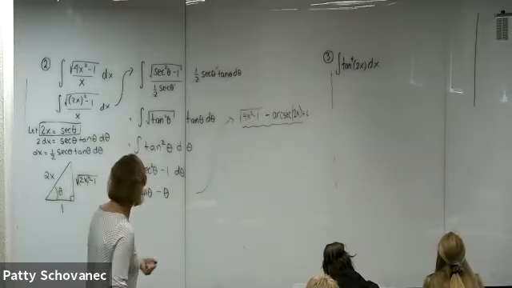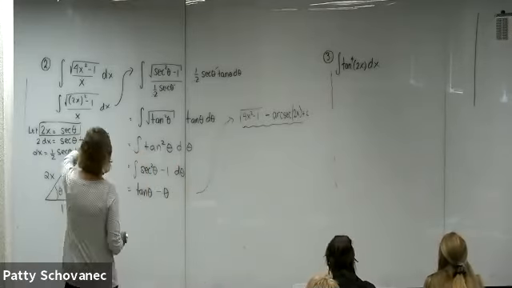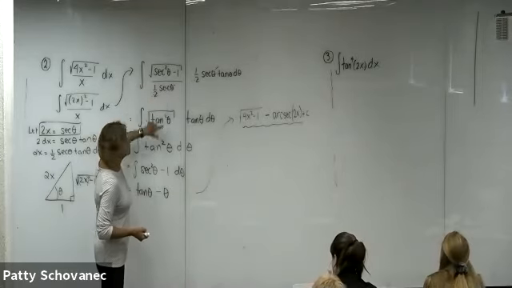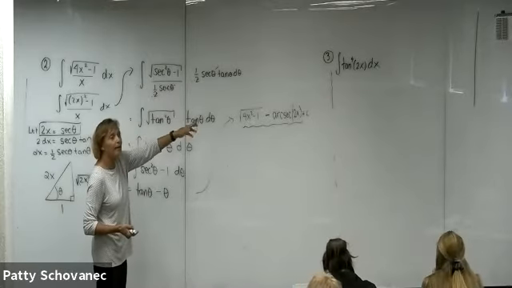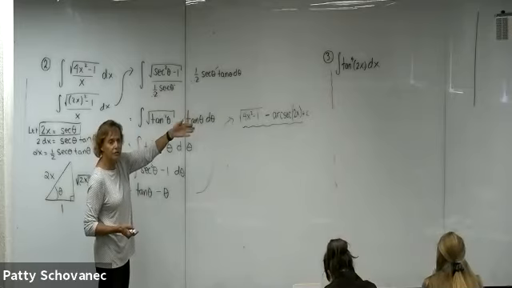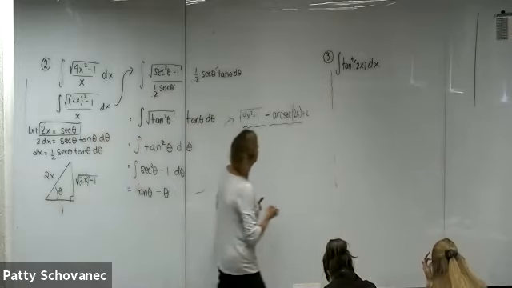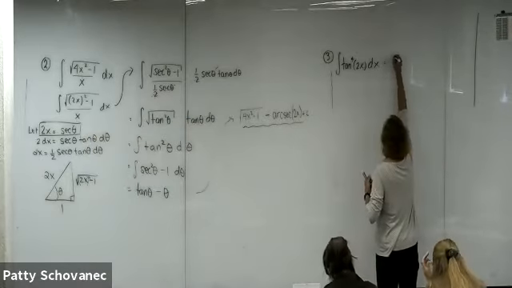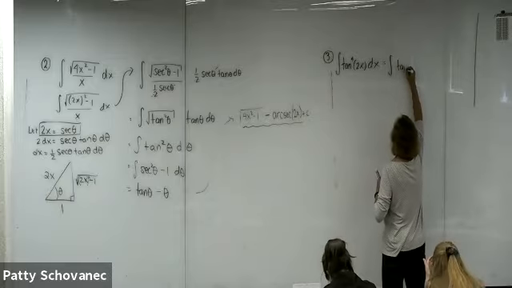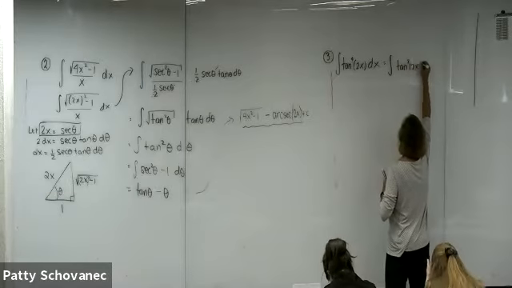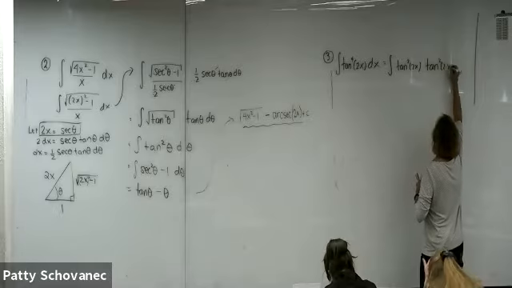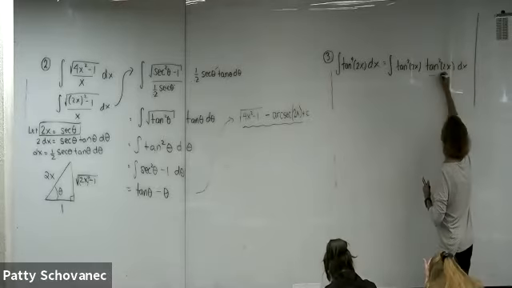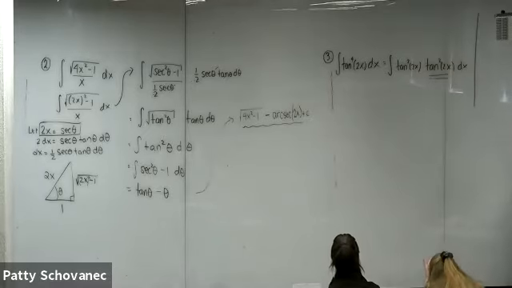So we're thinking back to this trig identity again, that tangent squared is secant squared minus 1. Let's write that as tangent squared times tangent squared and replace one of the tangent squareds with secant squared minus 1.